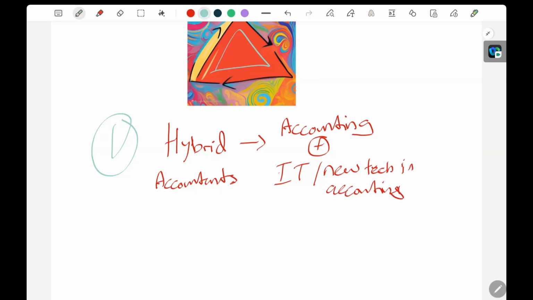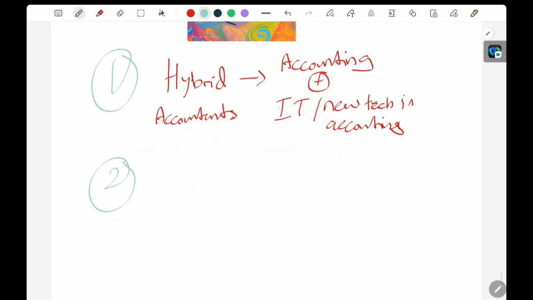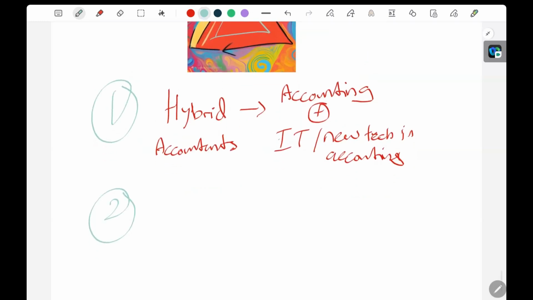Then number two, what are the changes in their role? Their role is now more towards attaining new skills, all right?